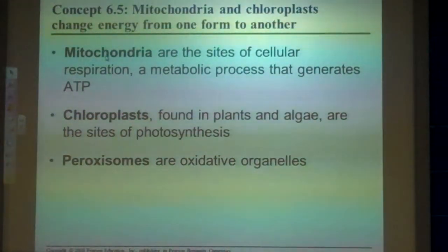All right, mitochondria, we talked about in depth when we did the chapter on cell respiration. Chloroplast when we did photosynthesis. You do not have chloroplasts in bacteria, but the bacteria that can do photosynthesis, what do they have? They still have to have materials to perform photosynthesis, which is what?